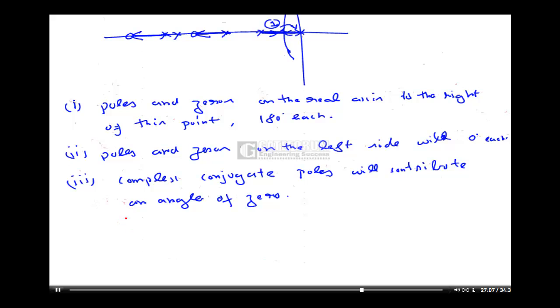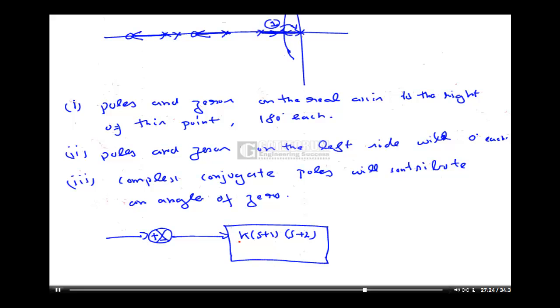For a given transfer function, for a given block diagram, I have to draw the root locus.